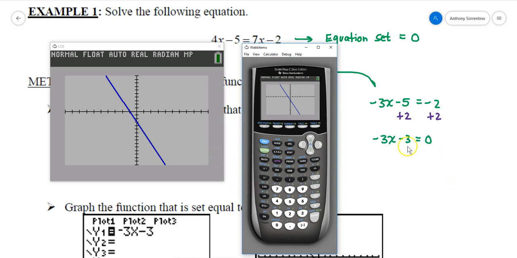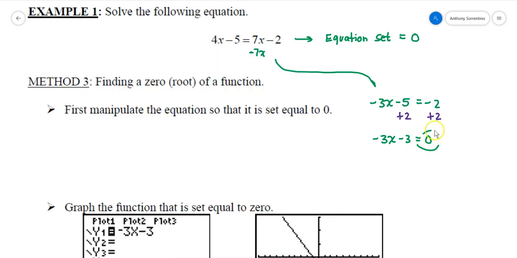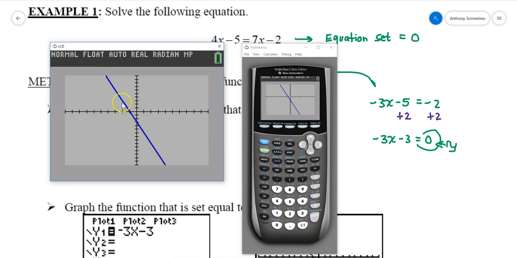What I want to see is, this line represents everywhere that y is a value given by negative 3x minus 3. I want to see where y is 0. So when I look at this, I want where y equals 0.